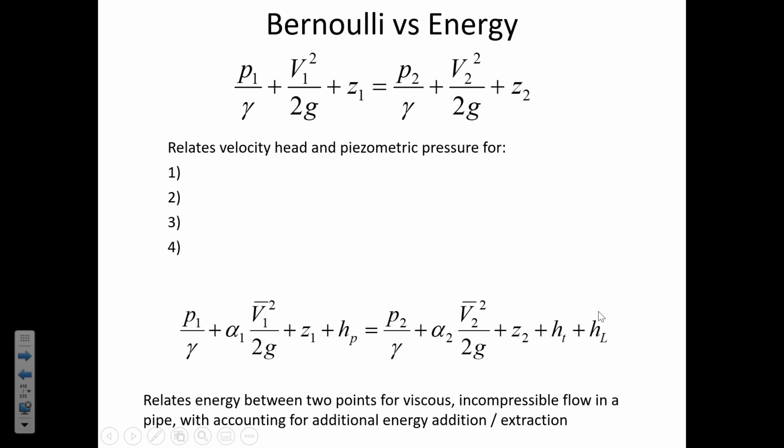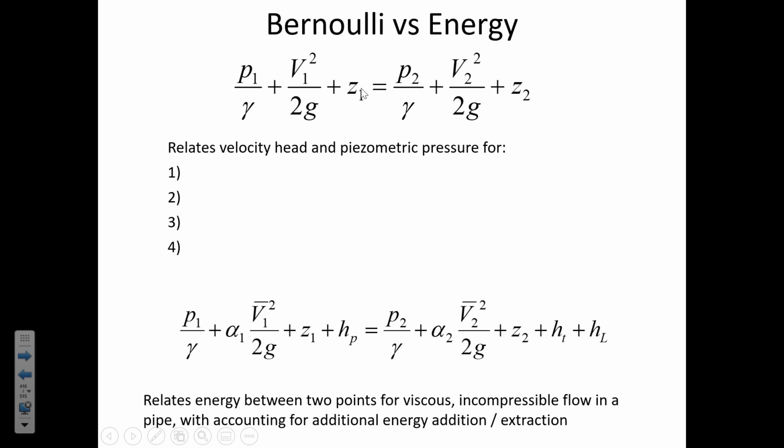There's one other thing I wanted to tell you about the difference between Bernoulli's and the energy equation. In the Bernoulli equation, it doesn't matter which is location 1 or location 2, because the same terms are on the left-hand side as on the right-hand side. So with the Bernoulli equation, you're not going to get the wrong answer.